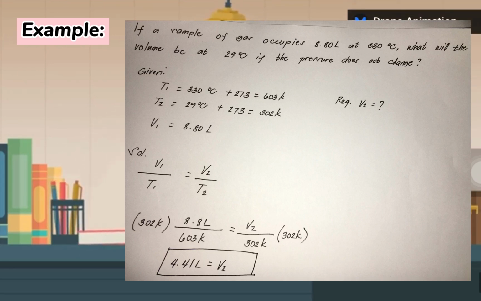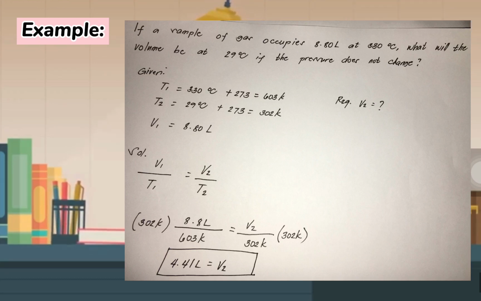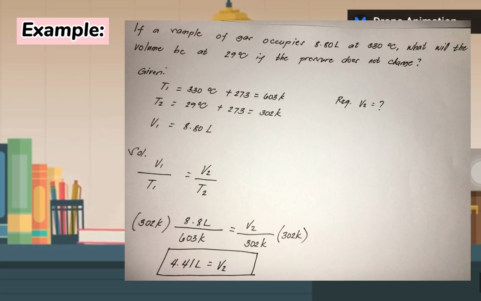So we will multiply both sides by 302 Kelvin. So cancel. So the remaining will be volume 2. Then on the other side, we will cancel only the unit. So the remaining will be 302 times 8.8 liters divided by 603. The answer will be 4.41 liters. And this will be our volume 2.